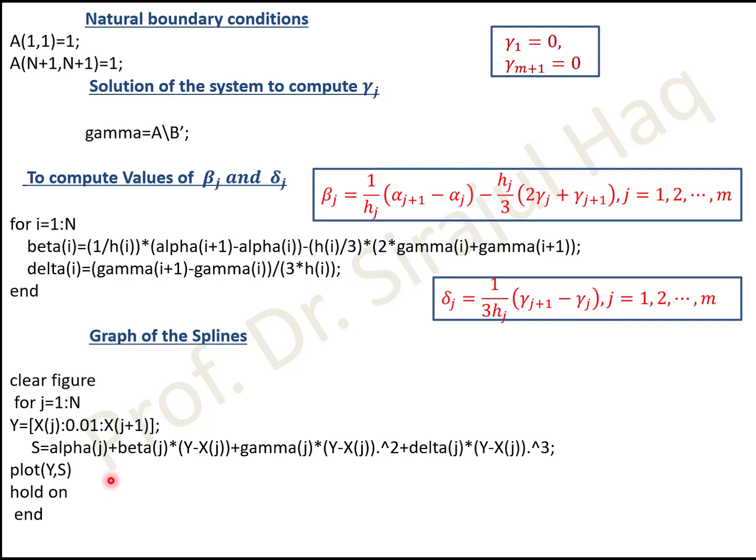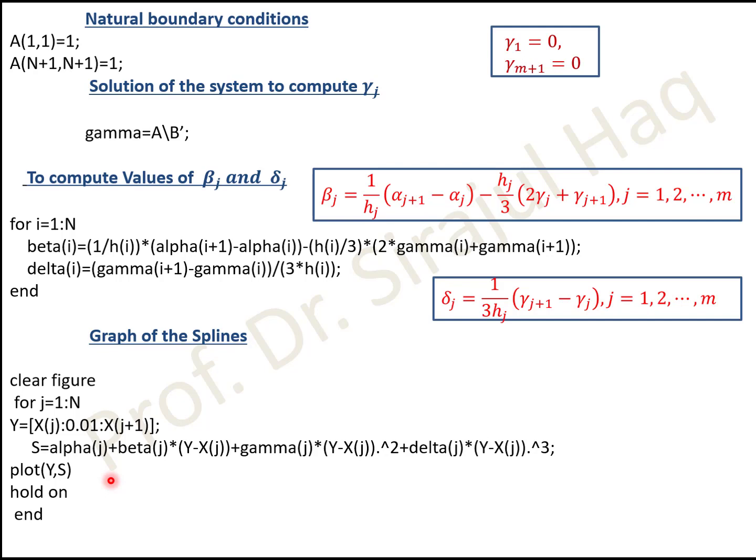I hope that I tried my best to discuss every small point, and I'm sure that if you write this computer code yourself now on your computer, everything will become clear to you, how we can find out the splines and how we can plot them. And this will end the topic of the cubic splines.